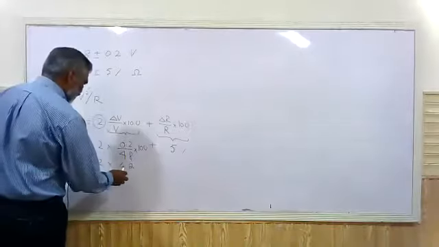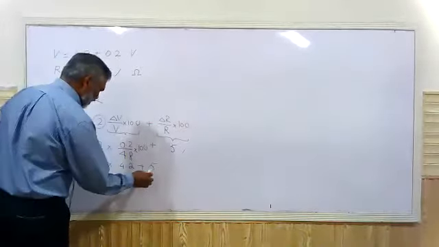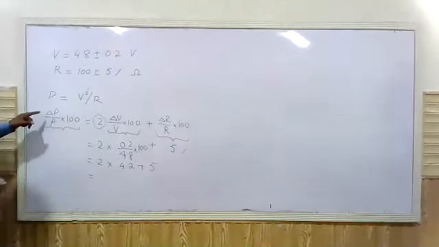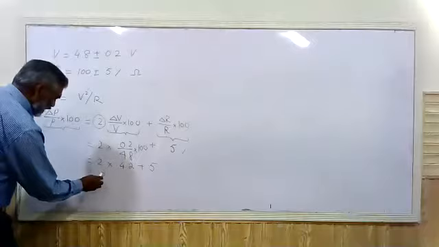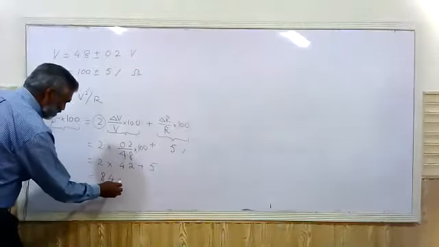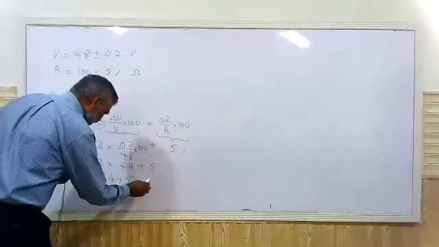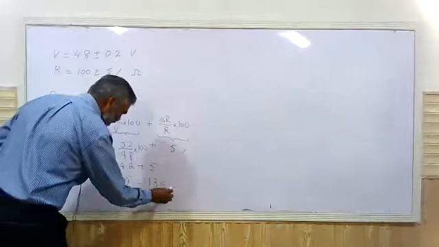When this 4.2 is multiplied by 2 and then added to 5, we have the total percentage uncertainty in the value of power dissipated. So this is 8.4 plus 5, which can be easily worked out to be 13.4%.